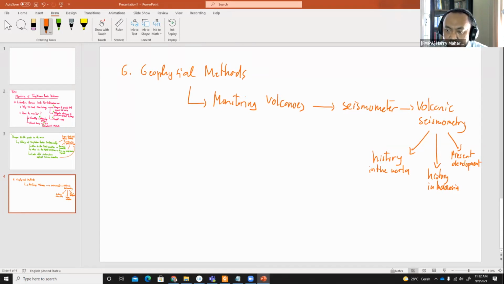And then the present development: is it using satellites to transmit data from one volcano to the office of the geologic agency, or are there several methods applied in the improvement of seismometry? So these are examples of working on literature review itself.